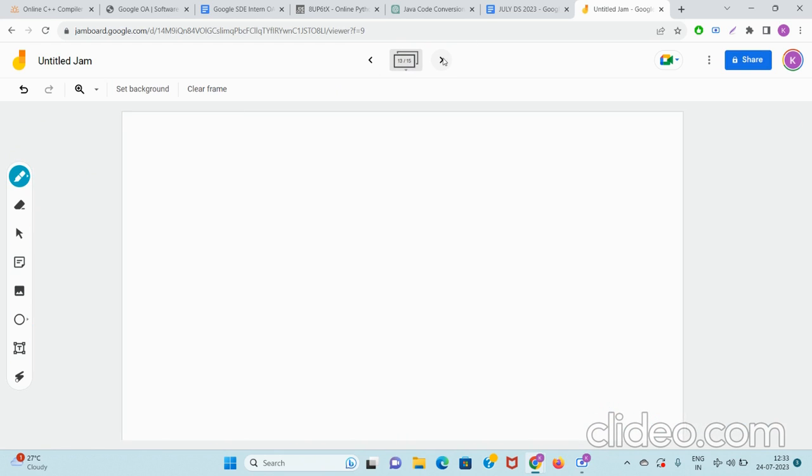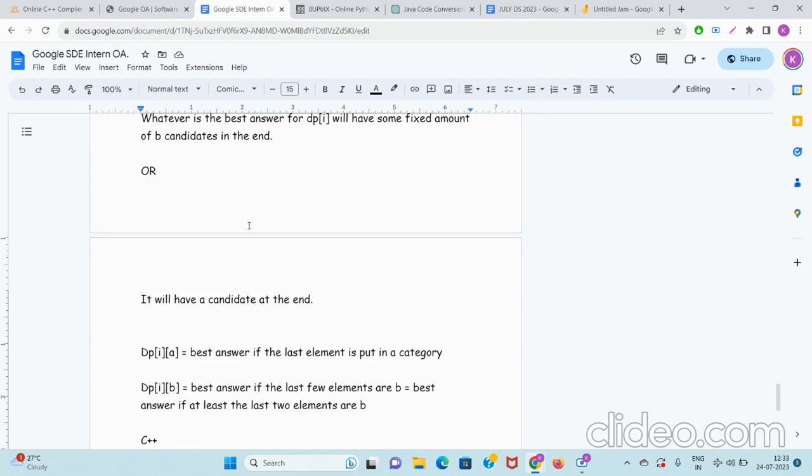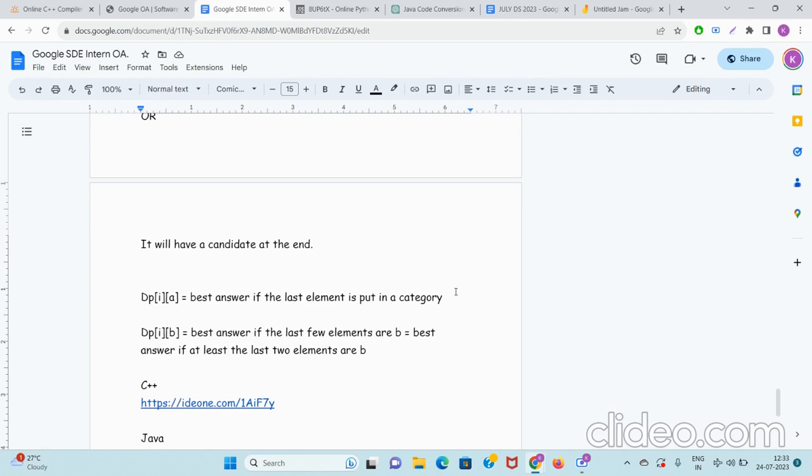You don't have to do much. DPI of A means the last guy should be A, right? So the answer will be DPI of A equal to A of I plus the best of both.